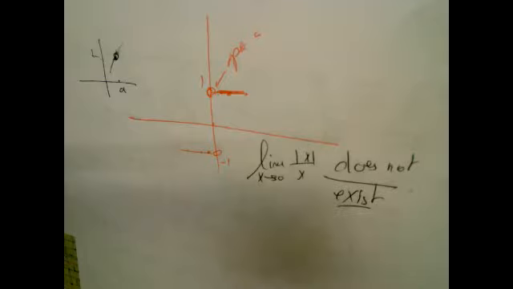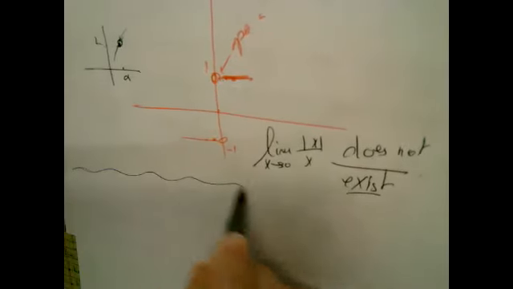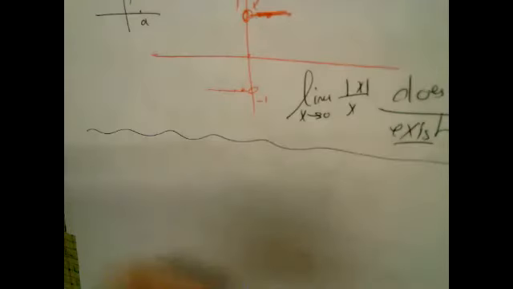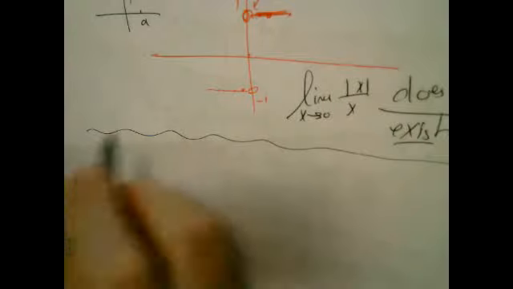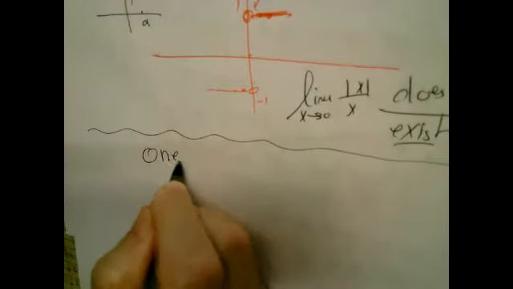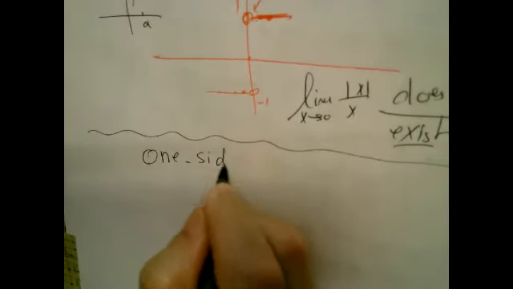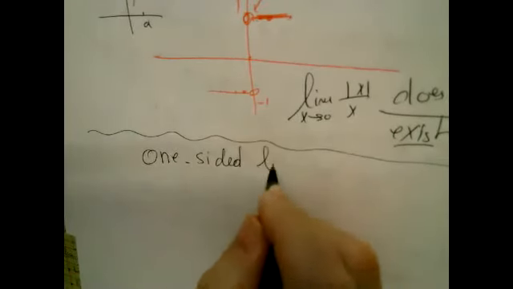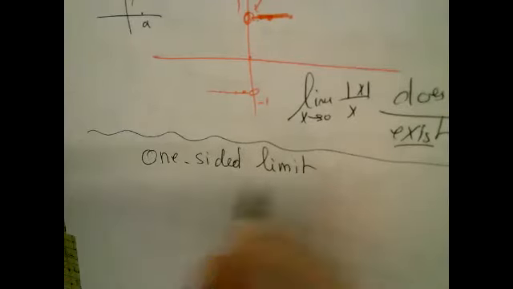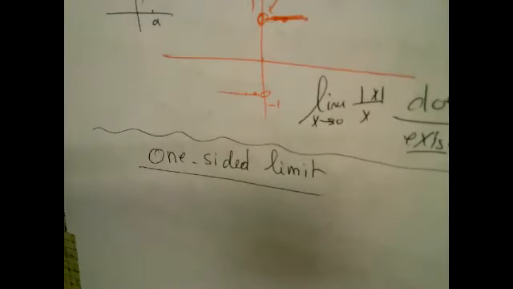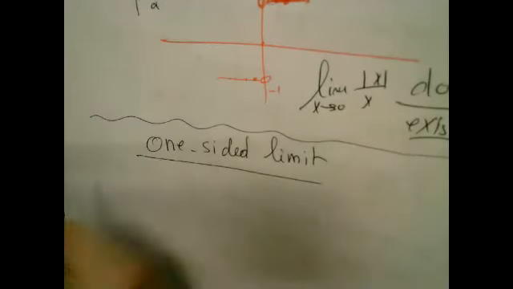And this is going to bring up also the following definition. So we're going to also talk about something called a one-sided limit. So this picture here is actually bringing the following definition, one-sided limit. It's very easy.